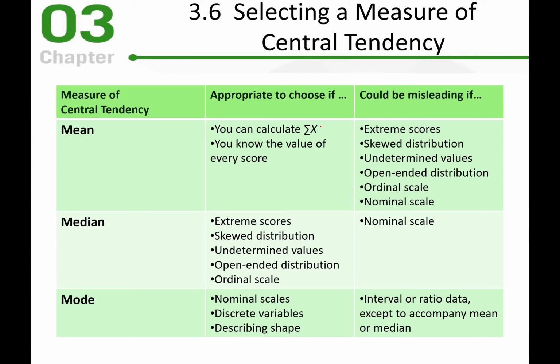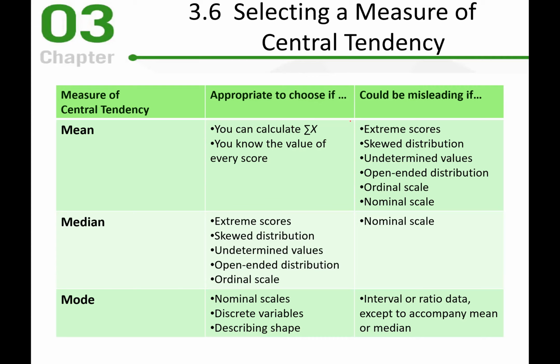But one person ate way more than all the other students, and instead of giving them a score, I just said they ate 5 or more pizzas. Well, what is 5 or more pizzas? That could be 6, that could be 10, that could be 100. That is an open-ended distribution. Is that a real number that we could use to calculate the sum of the scores? All right, so we can't use it there.